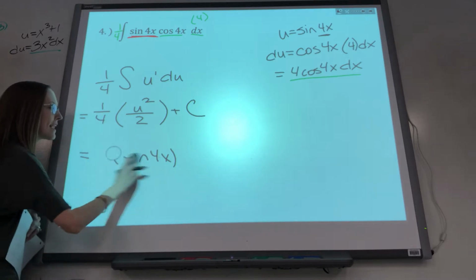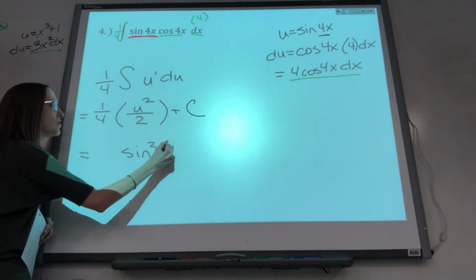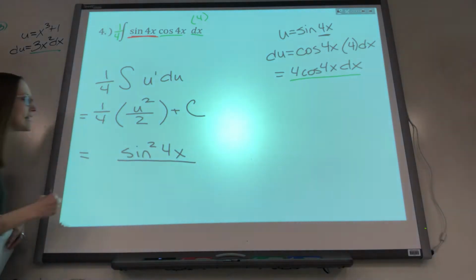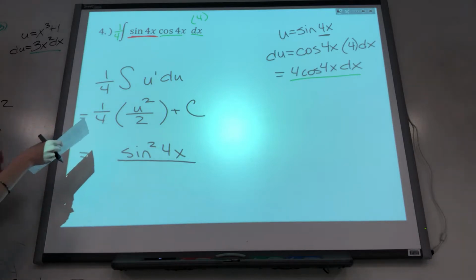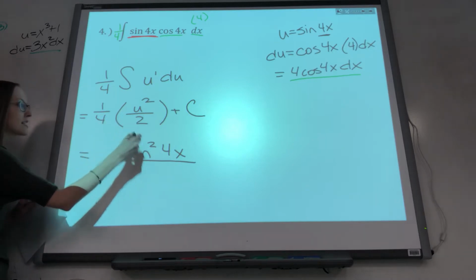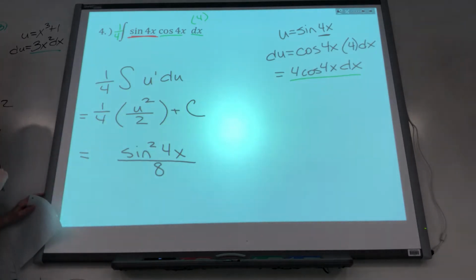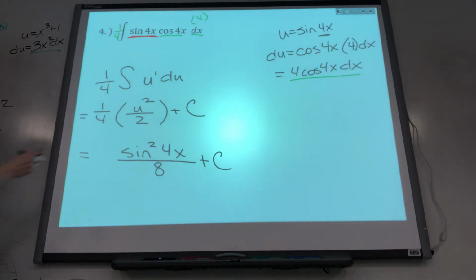Or if you think back to trig, we did this a lot. Instead of having to use those parentheses with the square, you can also just do sine squared of 4x. That also works. And then 4 times 2 is 8. And then I'll have my plus c.